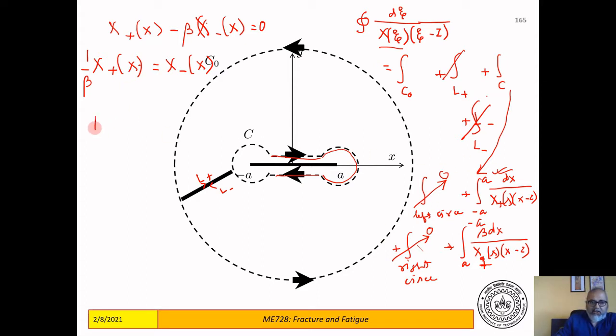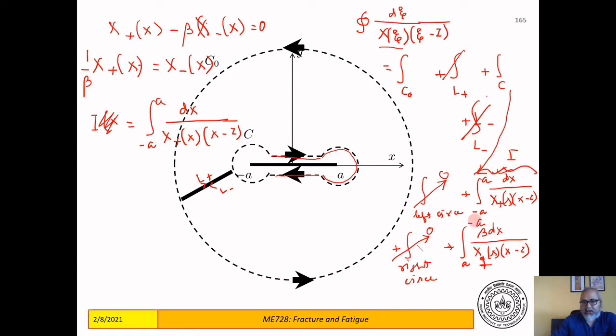Let I be the integral that I want to find, which is the integral from minus a to a of dx divided by X plus(x) times (x minus z). This is the integral that I want to find. Then this is that integral.